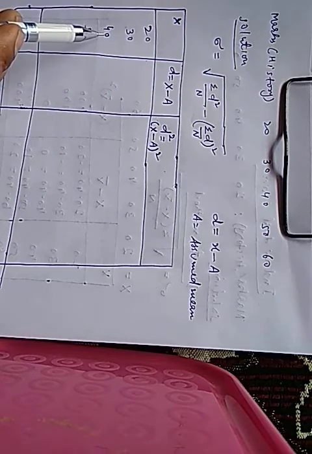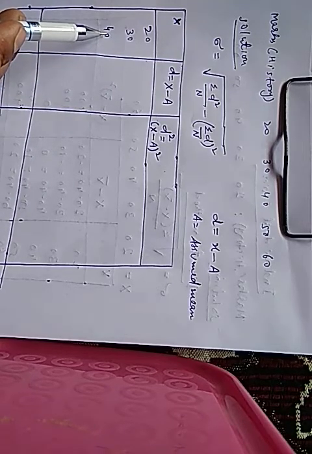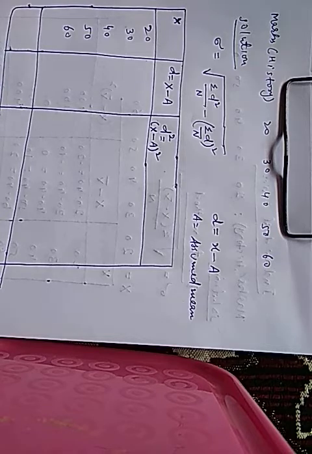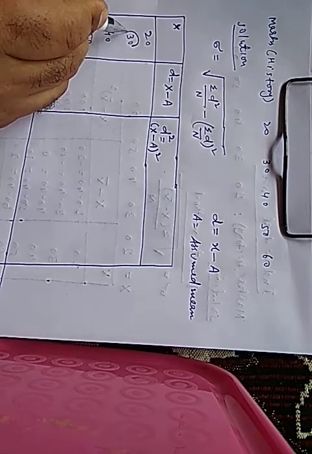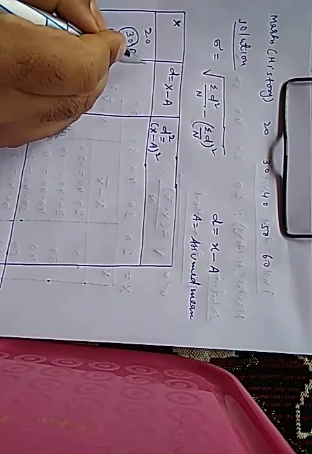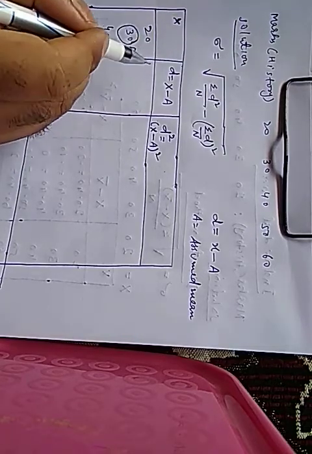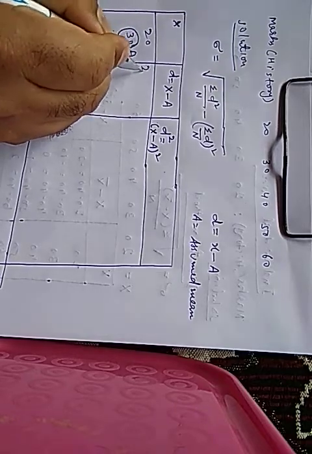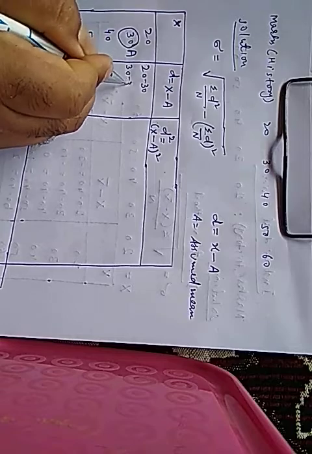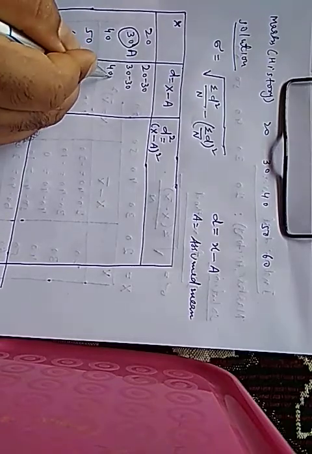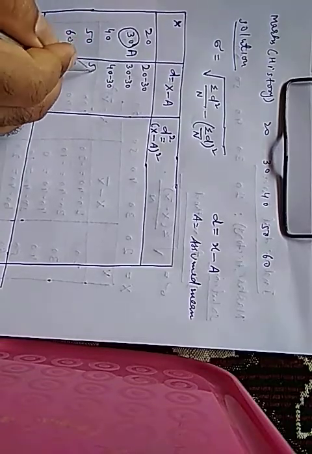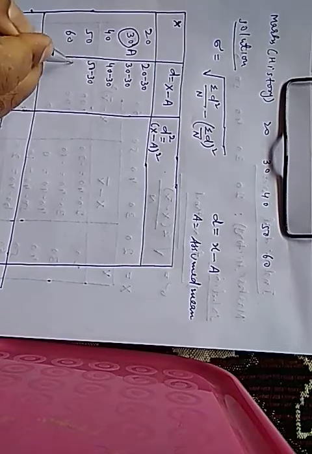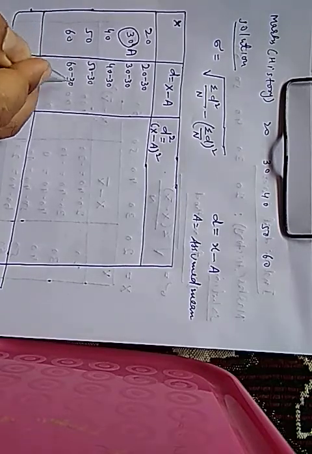We can take any value from these values as assumed mean. Let us take 30 as assumed mean. The value of deviation will be equal to 20 minus 30, 30 minus 30, 40 minus 30, 50 minus 30, 60 minus 30.